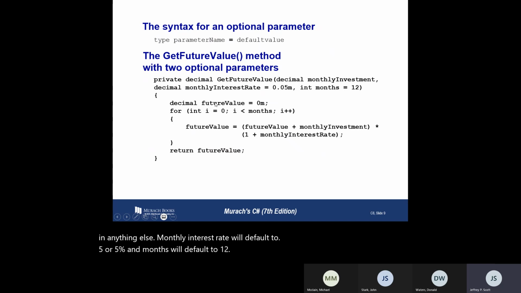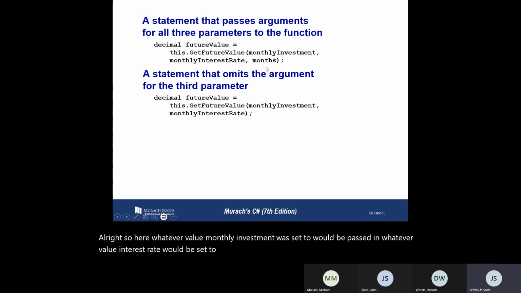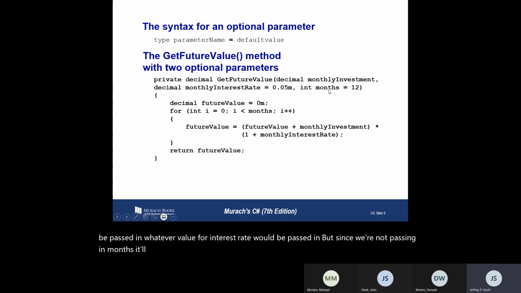In this example, they're passing all three things in, so whatever values monthly investment, interest rate, and months were set to would be passed in. But here they're only passing in two. Whatever values monthly investment and interest rate have would be passed in, but since we're not passing in months, it'll default to 12 for us automatically.